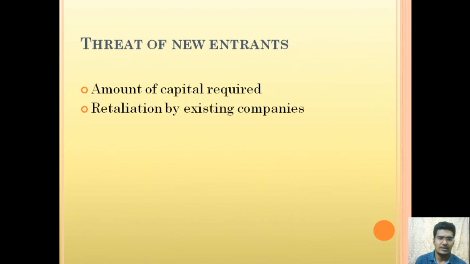Now, the second point under threat of new entrants is retaliation by existing companies. A new company emerges into the market manufacturing a product that is already manufactured by another company, and the existing company is not able to retaliate if they are not able to tackle the new company's product with strategies like product differentiation or technological advancement.